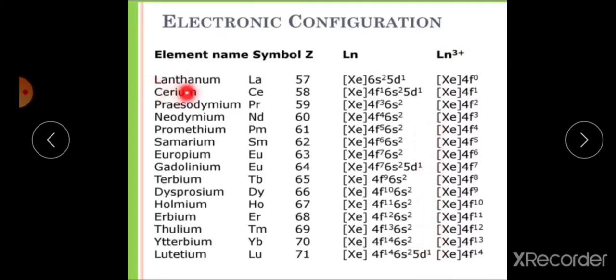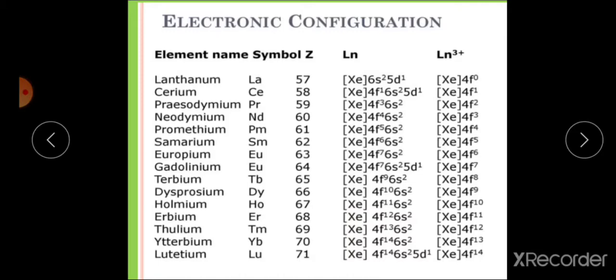The first element, lanthanum with atomic number 57, has the ground state electronic configuration xenon 6s2 5d1. This xenon has atomic number 54, plus 6s2 means 56, and 5d1 means 57. In this way, the electronic configurations of elements in the lanthanide series are given here.